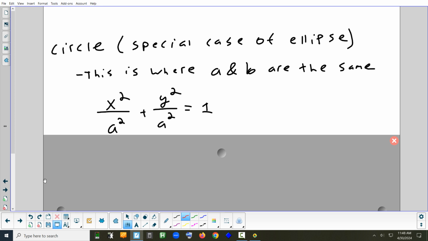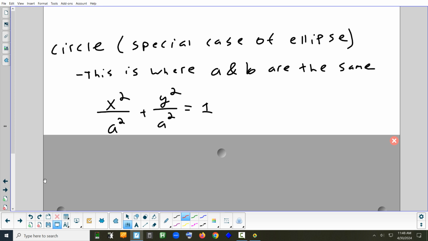We could just call them both A. And that's because in a circle, even though this terminology isn't used in a circle, the distance from the center to the vertex and the center to the minor axis is the same. You don't really use that terminology with a circle, but that's what ends up happening.